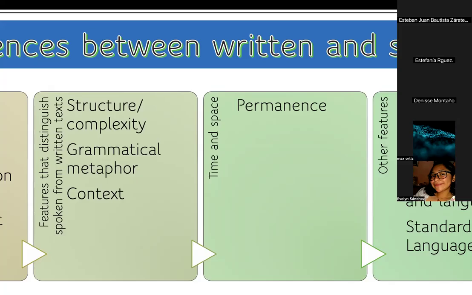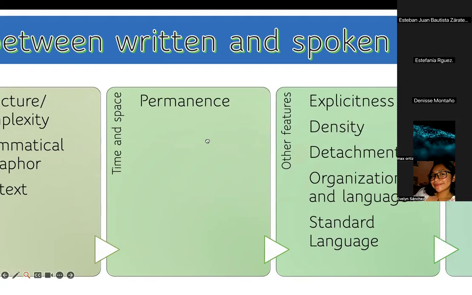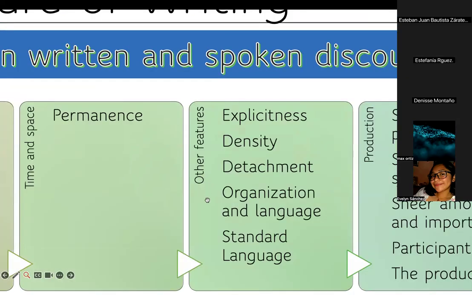In contrast, if you produce a speech and you don't record it, it is not going to be permanent. So the words I expressed 10 minutes ago are not going to be produced anymore unless I record those words.